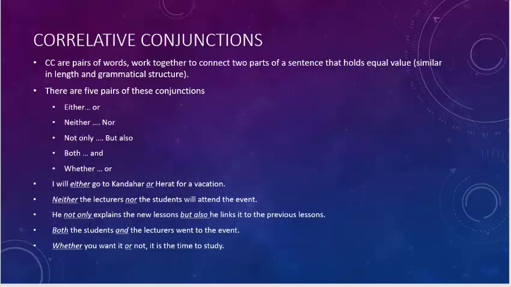If you see, he not only explains the new lessons, but also he links it to the previous lesson. You see, they are in the same grammatical structure. Both the students and the lecturers went to the event. Whether you want it or not, it is time to study.